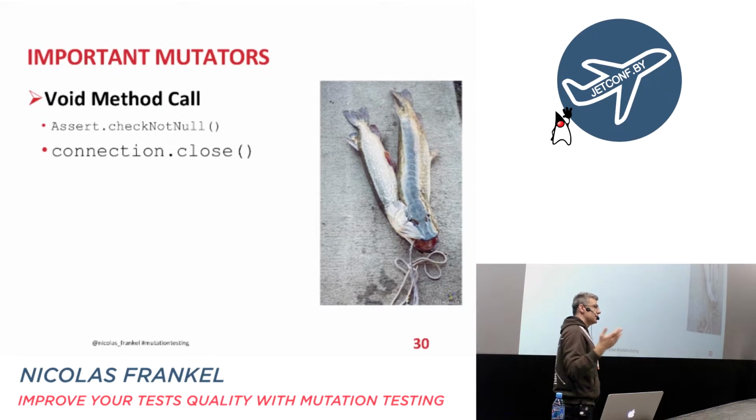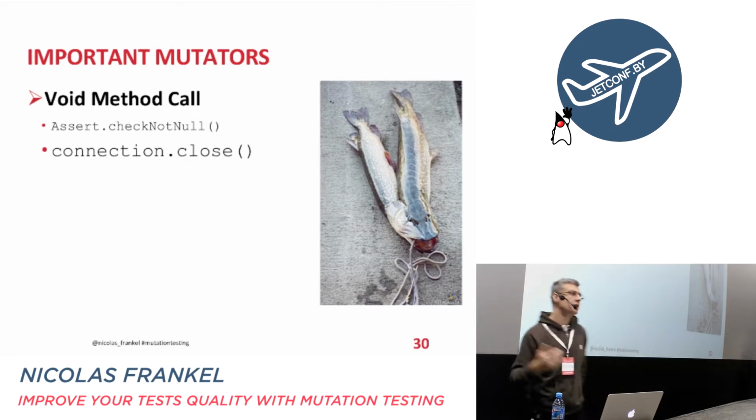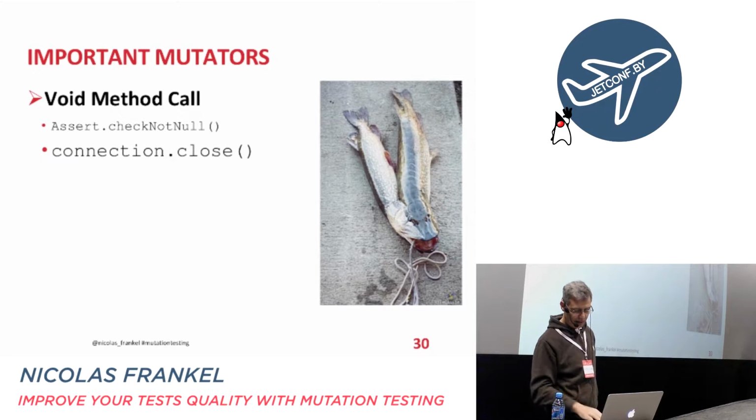Then what happens? You have no test for that, meaning you never pass null and check that you have an exception. And at some point, someone must pass null for any reason, and it's not expected like that in other parts of your code, and you have a bug creeping in. So this is very important, and connection point close, I don't even want to think about it.